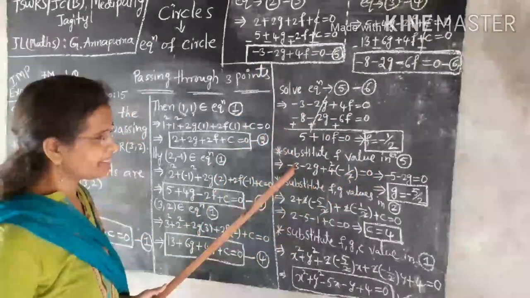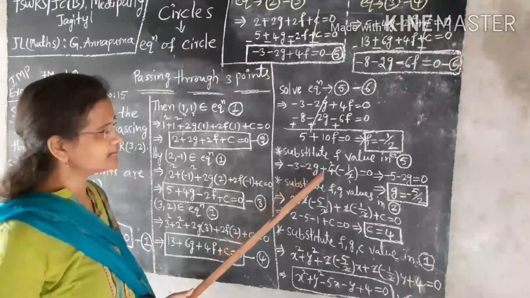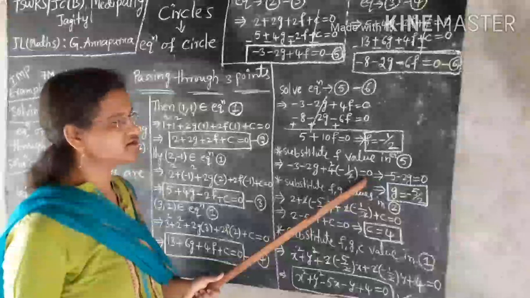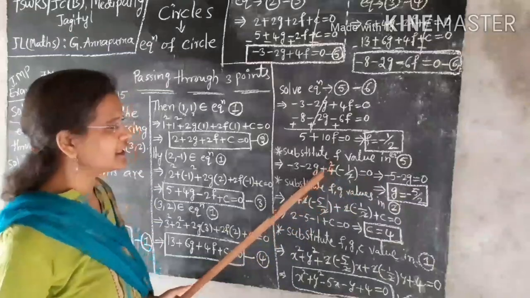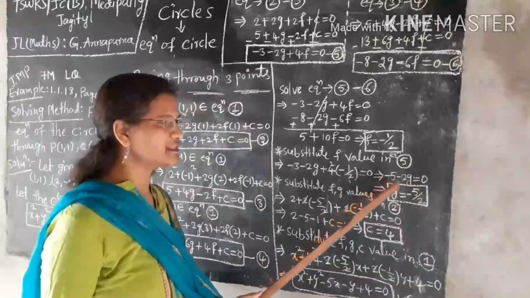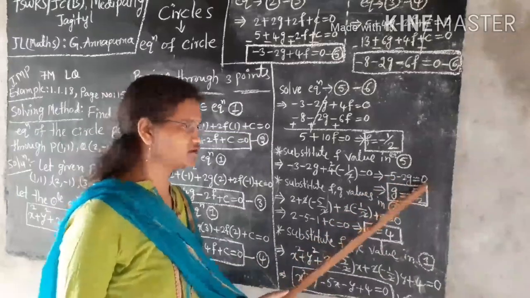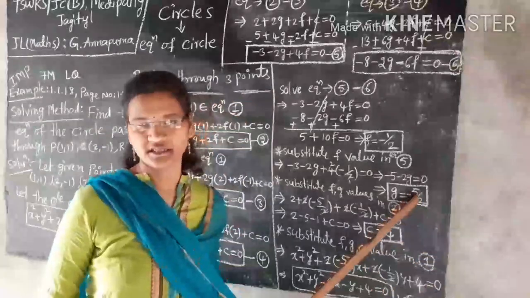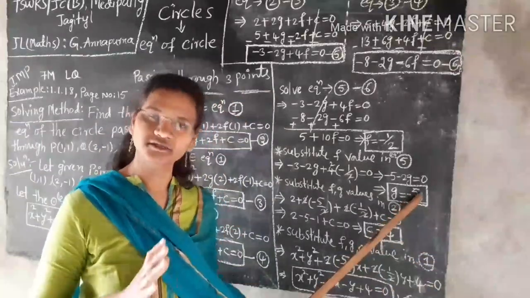Minus 3 minus 2g plus 4 of minus 1 by 2 is equal to 0. Then minus 5 is equal to 0. That implies minus 5 minus 2g is equal to 0. Then we got g is equal to minus 5 by 2.